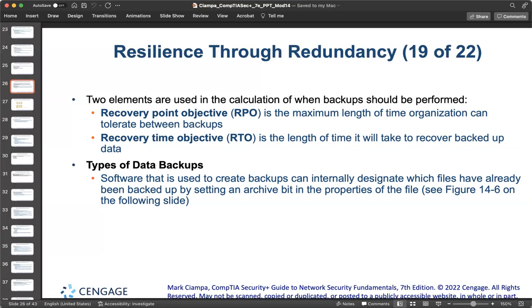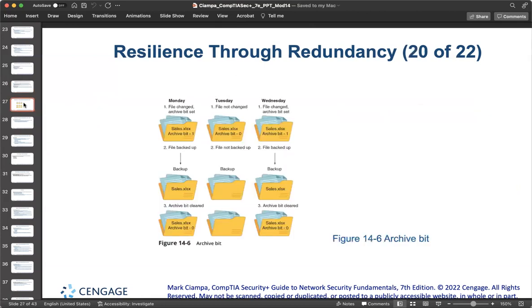Software that is used to create backups can internally designate which files have already been backed up by setting an archive bit in the properties of the file. So let's go here and talk about it over here. Let's say on Monday, the files are changed.